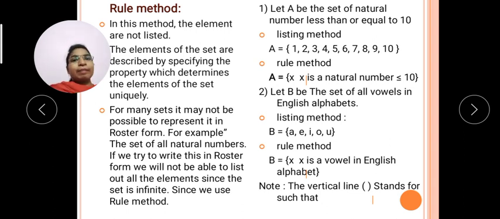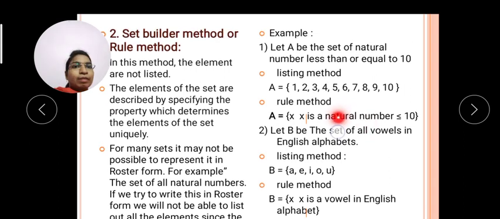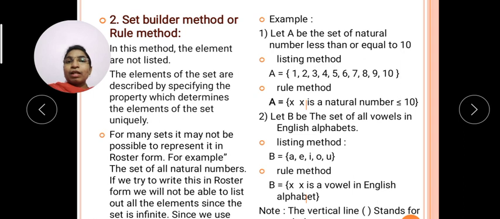No. So at that time, we can use this rule method. Now see some examples. We are not representing every element of the set; we are just specifying the property.